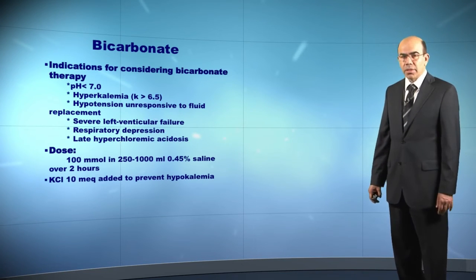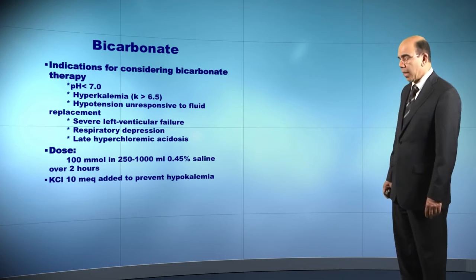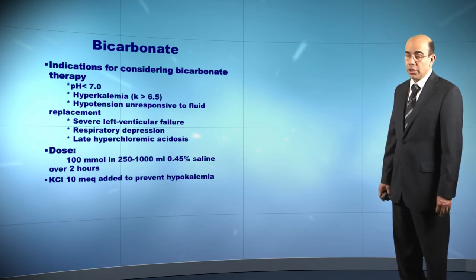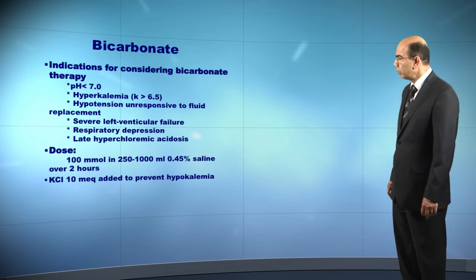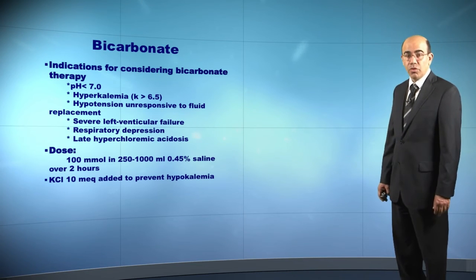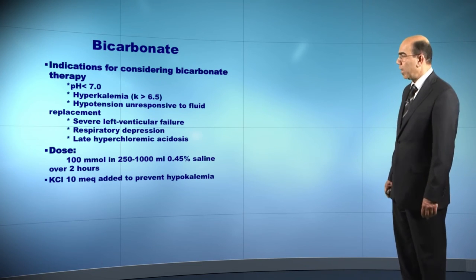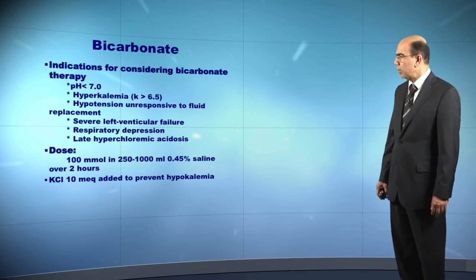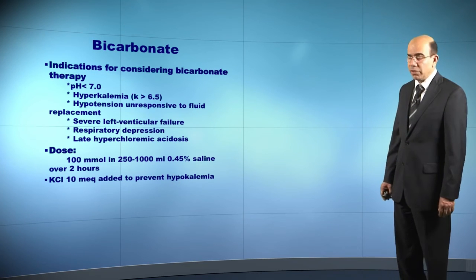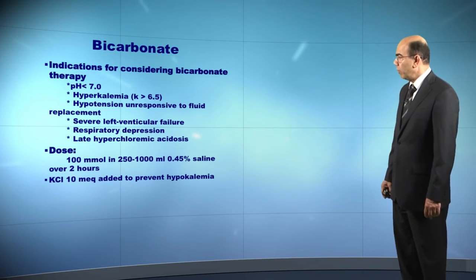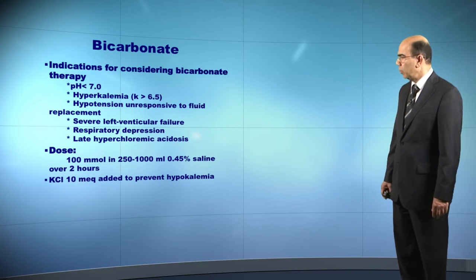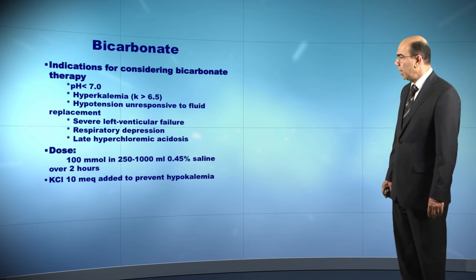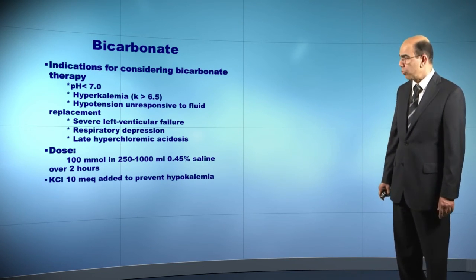However, there are some indications for bicarbonate therapy. These include severe acidosis with a pH of less than 7, hyperkalemia, since administration of bicarbonate will decrease potassium level, hypotension unresponsive to fluid replacement, severe left ventricular failure, respiratory depression, and late hyperchloremic acidosis.